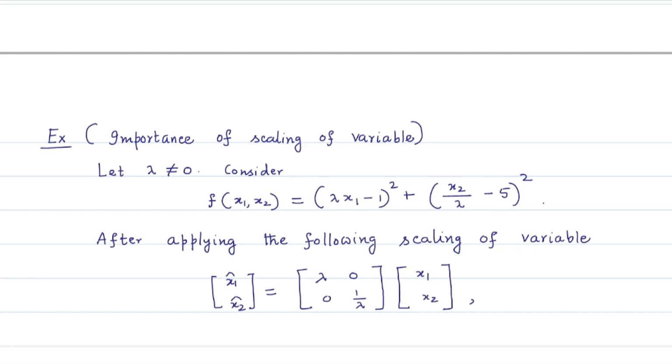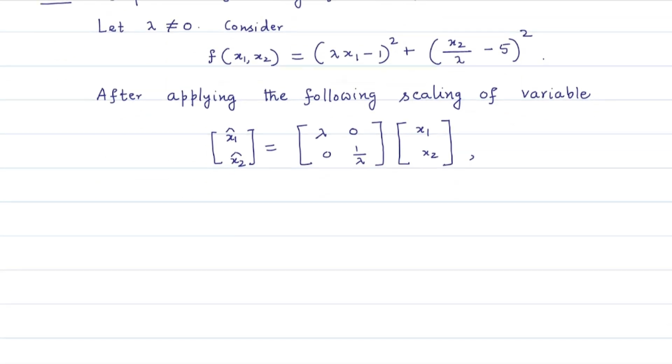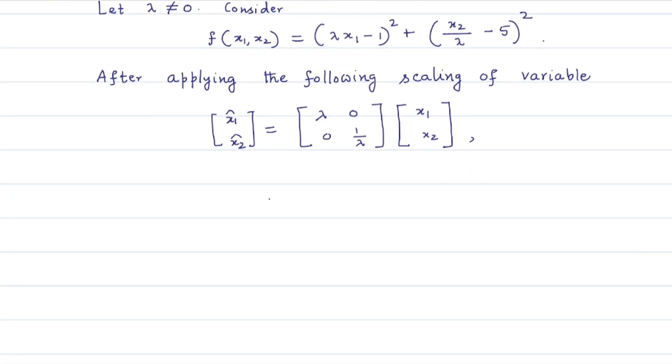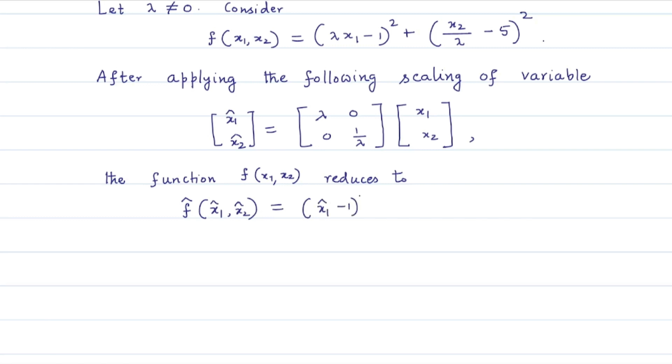By this scaling of variables, the expression of the function f gets changed to f hat of x1 hat, x2 hat, which is given by (x1 hat minus 1) square plus (x2 hat minus 5) square.